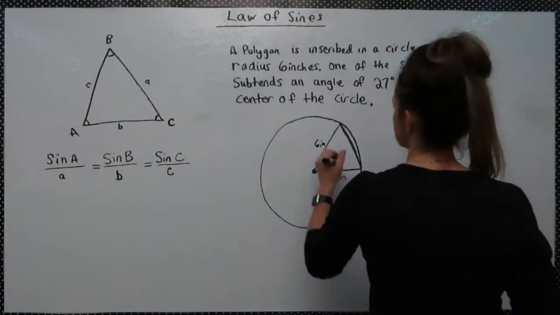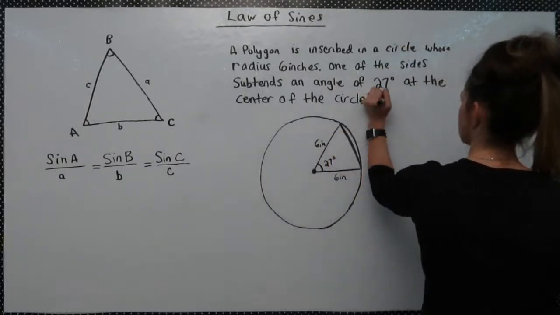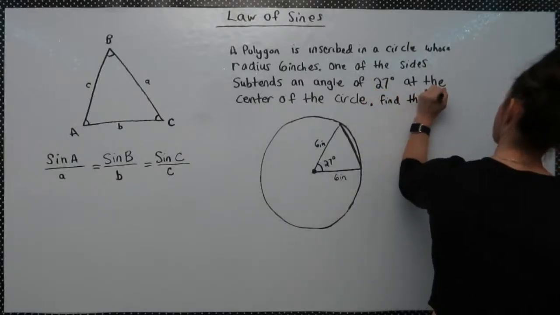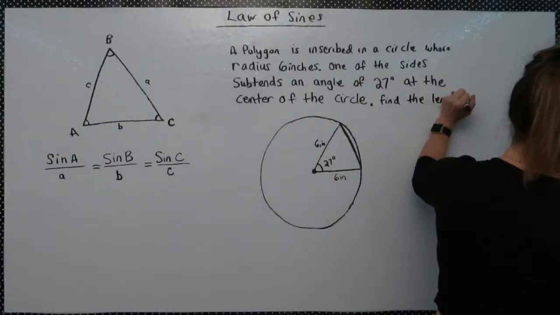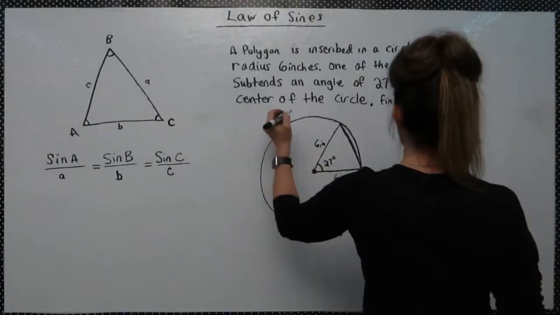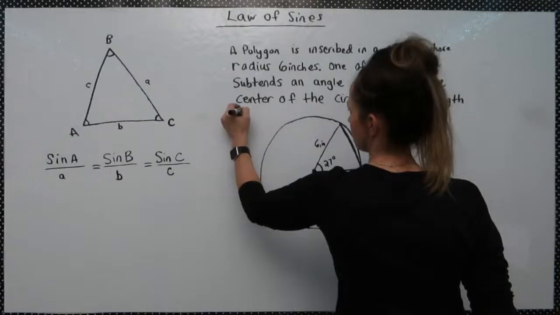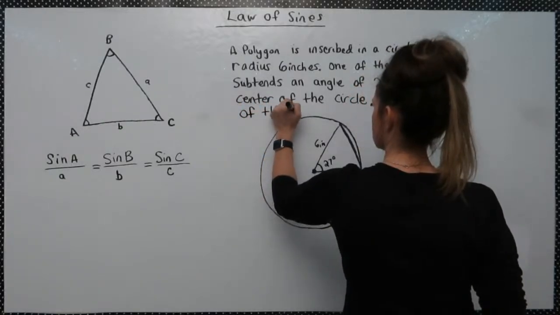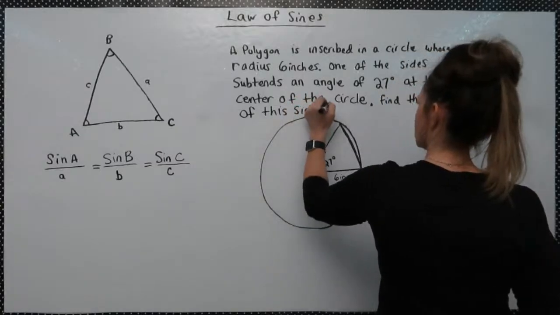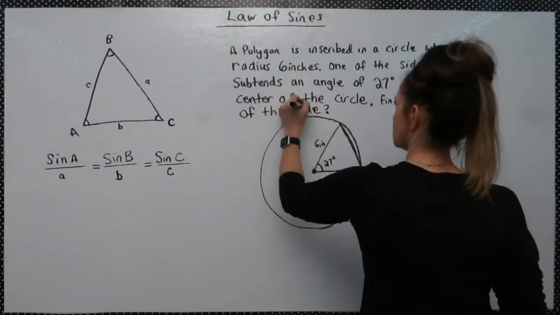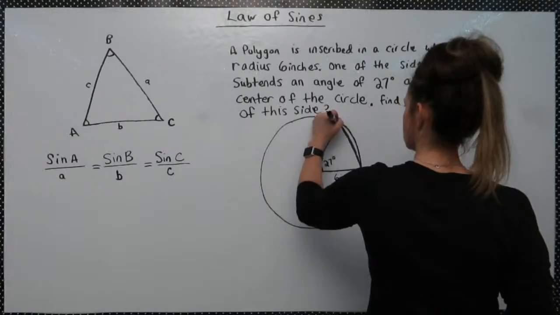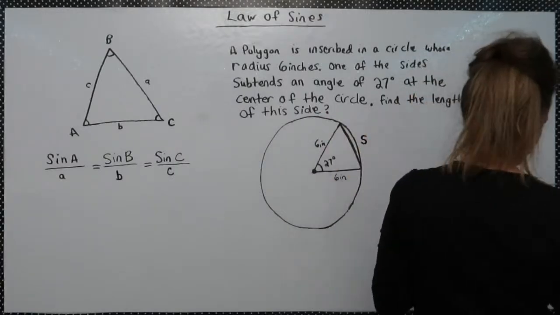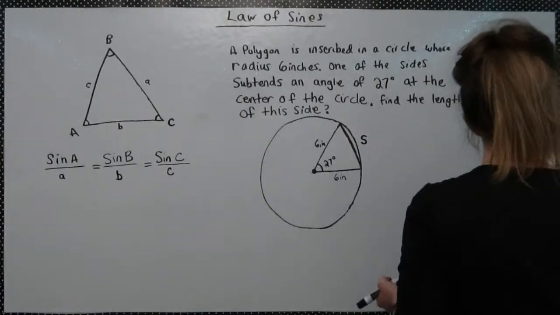All right, and it says find the length of this side, using the law of sines to do it. So I labeled it S. It's S for side length, real original.